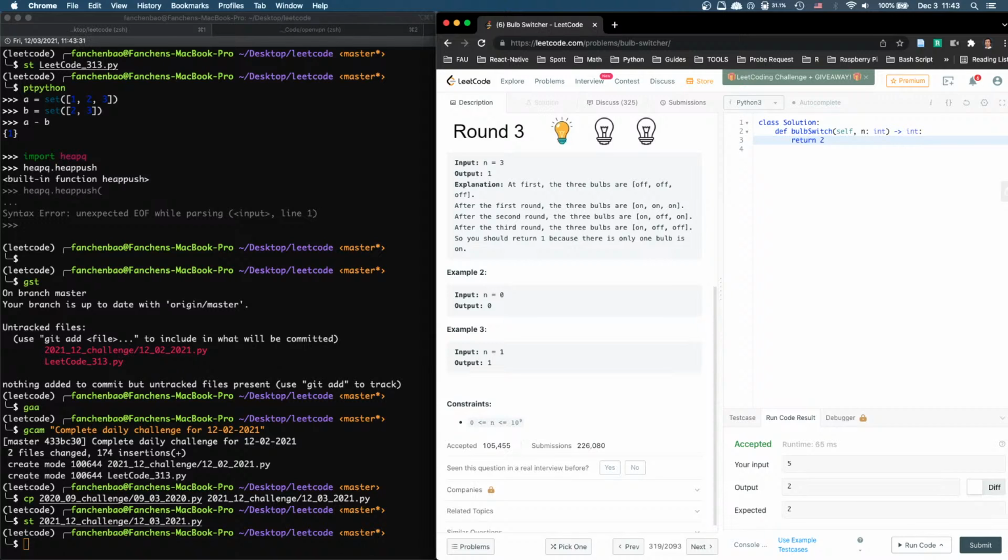So if 6 is this, 7 is going to be this as well. 8 can be toggled by all the powers, right? 8 is 2 to the 3rd.